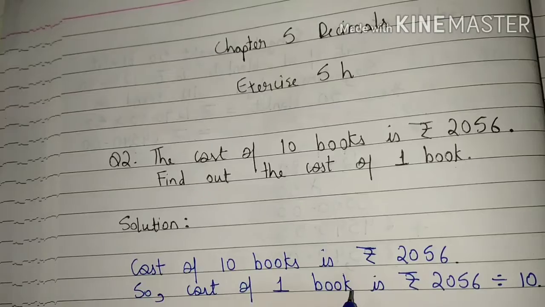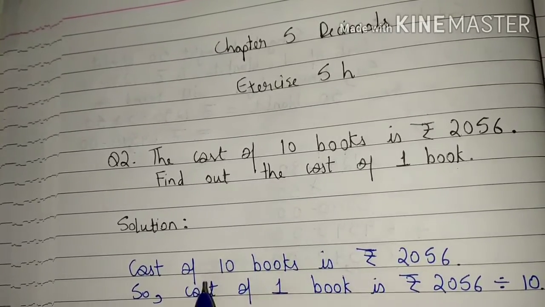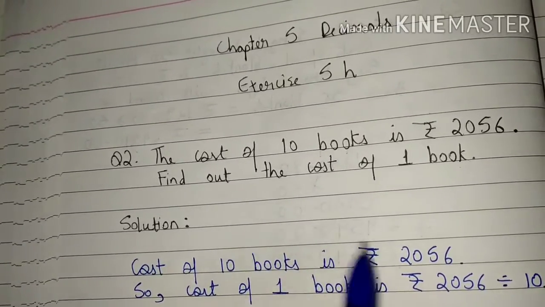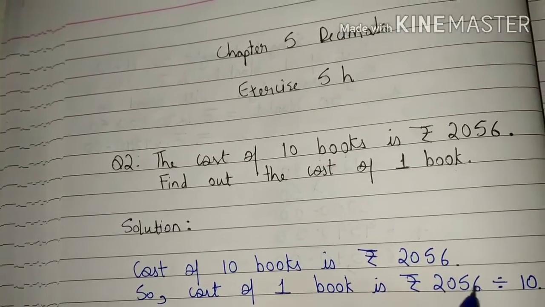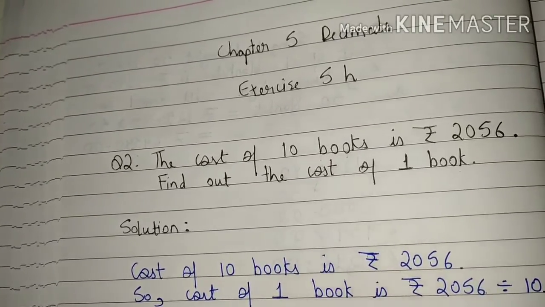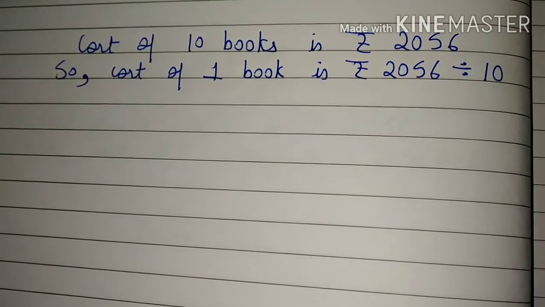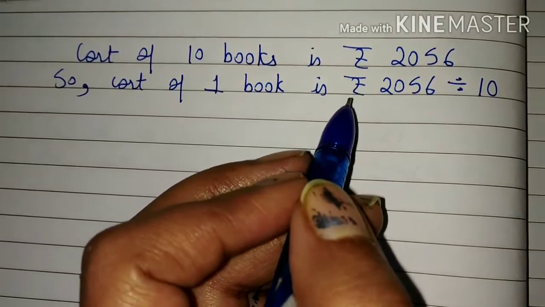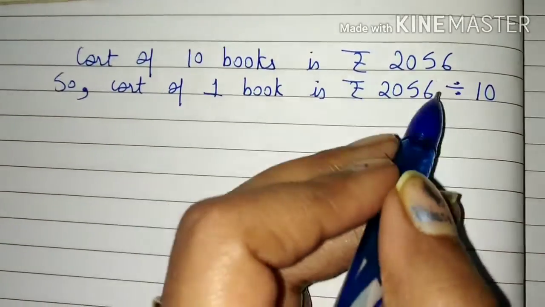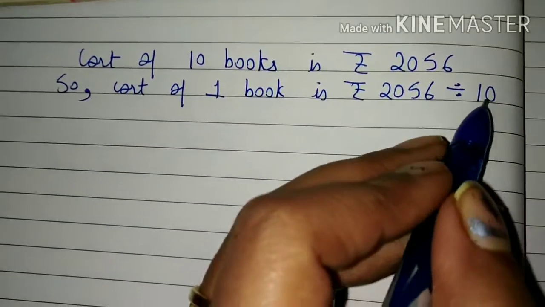So in order to find the cost of one book, we will divide rupees 2056 by 10. Now we are going to divide rupees 2056 by 10.